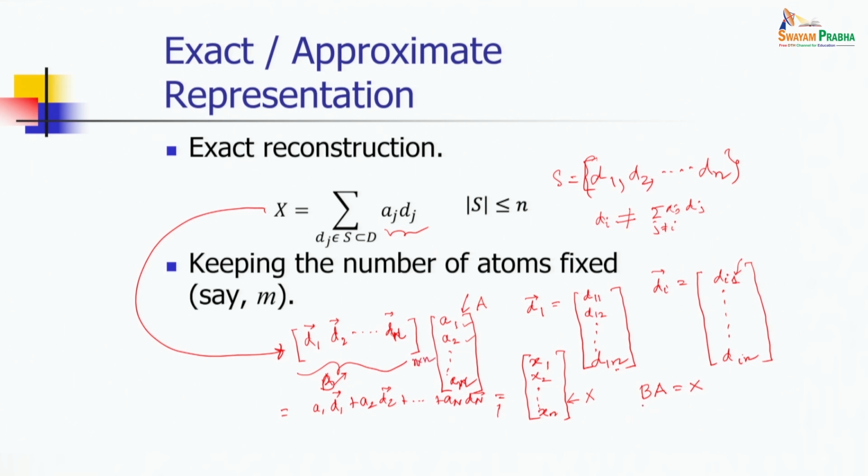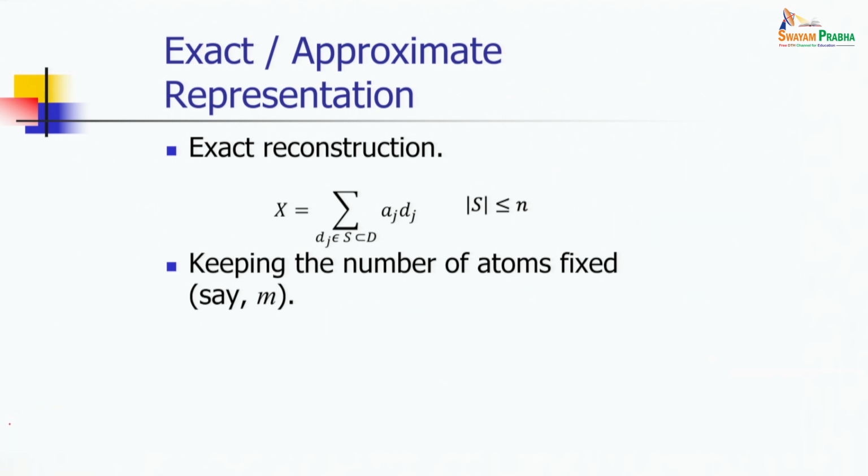Since they are all linearly independent, we can have inversion and we can get this solution. So when you have exactly the same number of atoms, there exists one solution here.